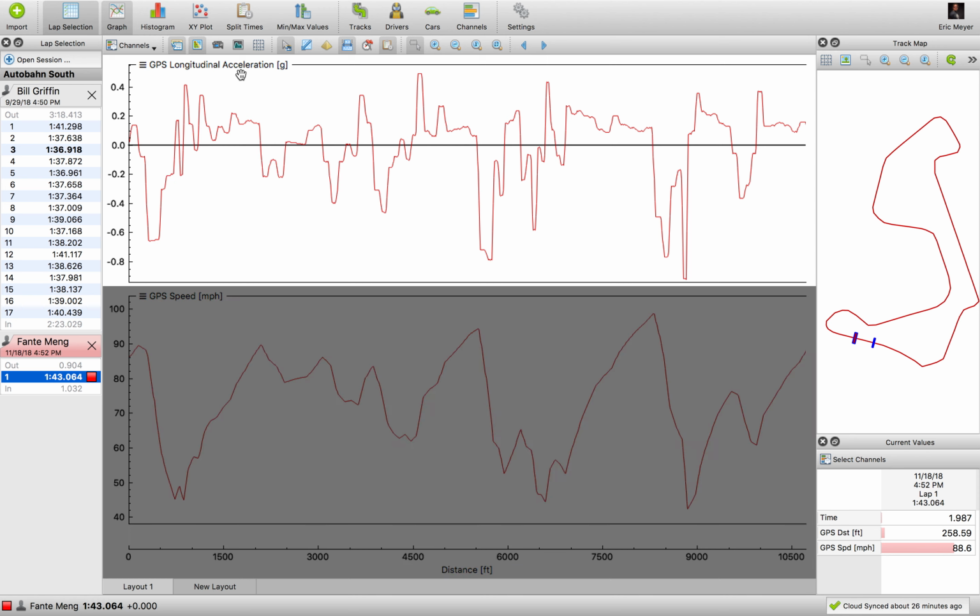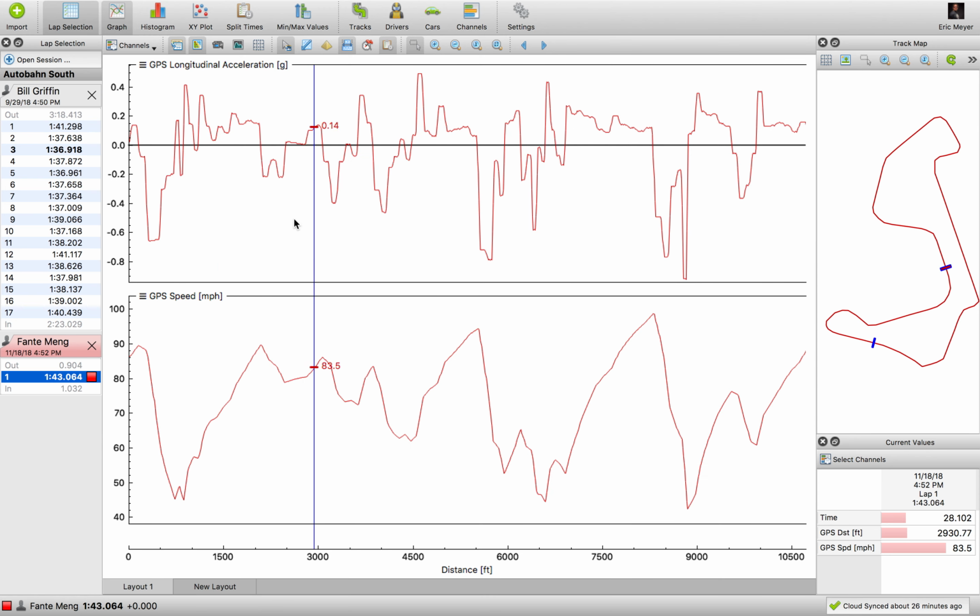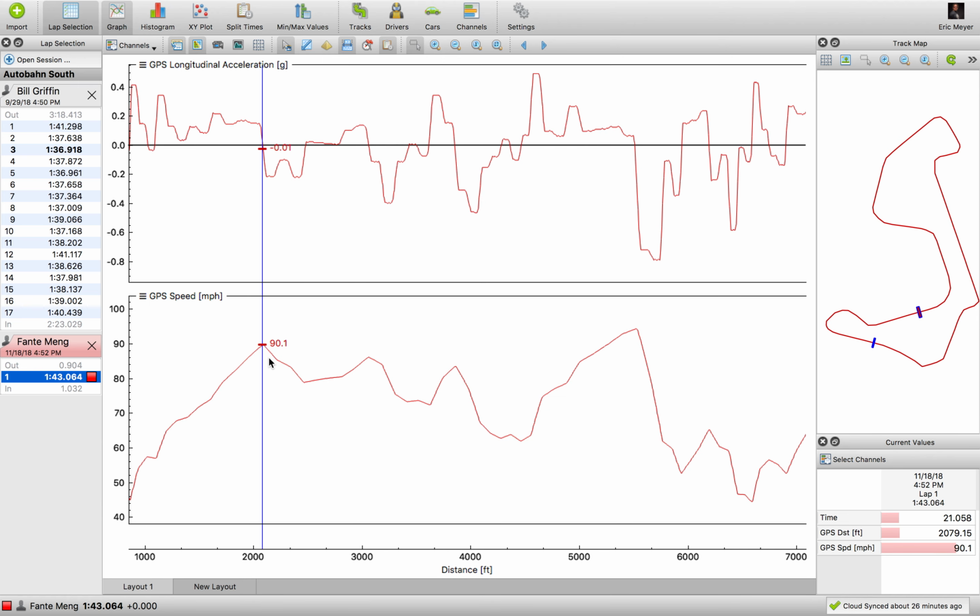We've got two traces up here, GPS long and GPS speed. Two of my absolute favorite traces, and I want to show you some things that the data is kind of good at, but not really. If we look at just the speed trace right here, what appears to be a couple different braking efforts because of the slope and speed.